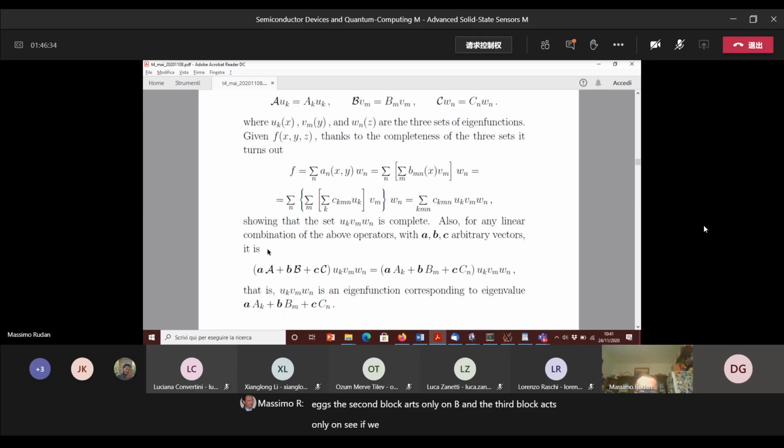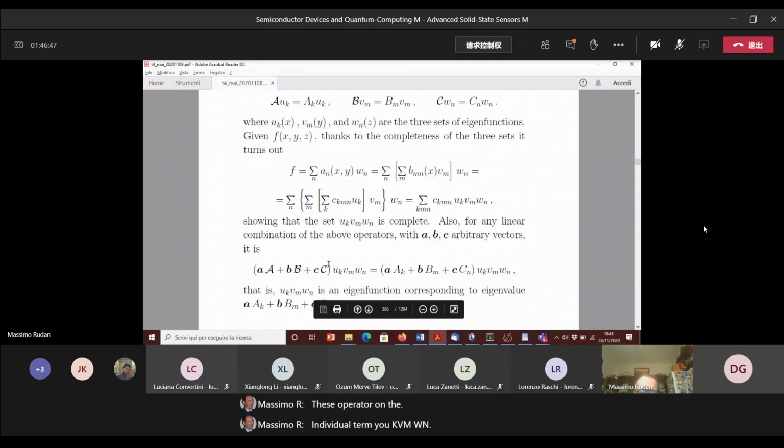If we apply this operator on the individual term u_k, v_m, w_n of the expansion of F, it is immediately seen that the result will be the vector a times the eigenvalue a_k, plus b b_m plus c c_n, times the same function, okay?